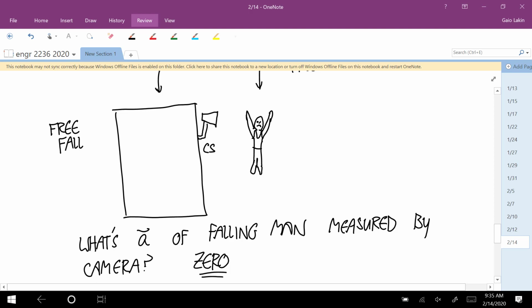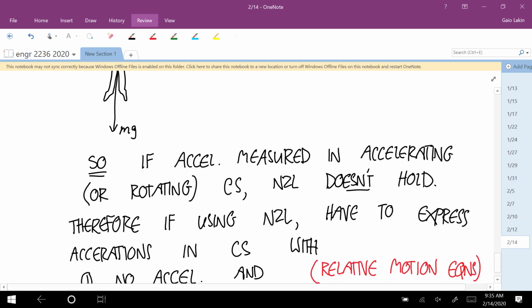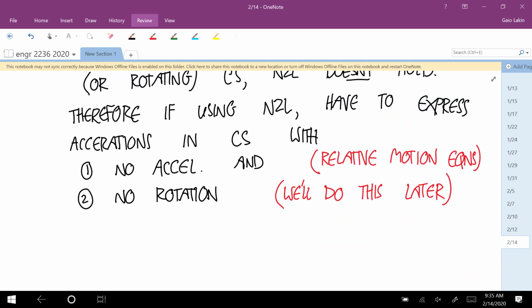Who's with me on that? So it means that if the first coordinate system you think of is not inertial, if it's accelerating, then you have to use relative motion equations. And if it's also rotating, there's another approach you have to use for that. But we haven't done that yet.